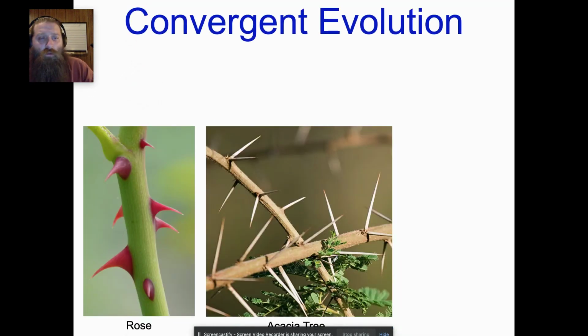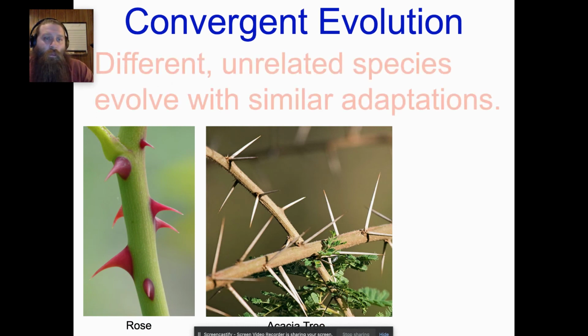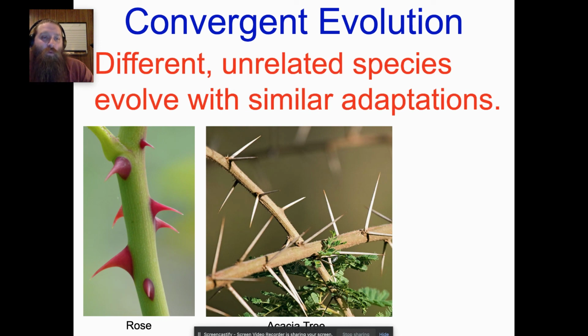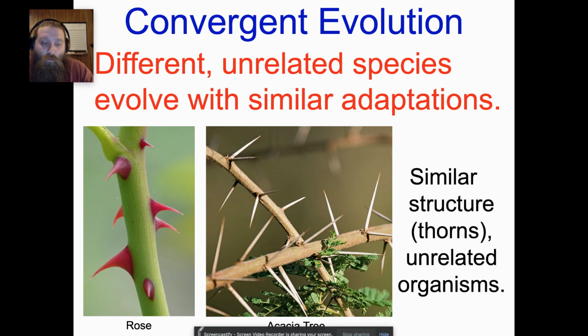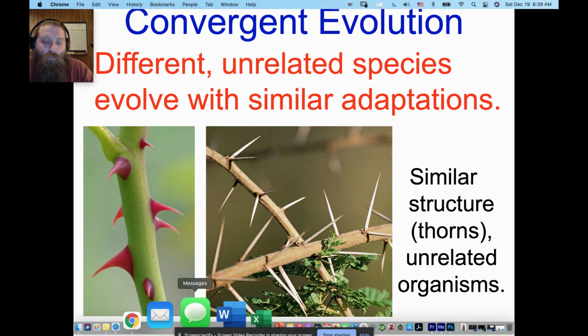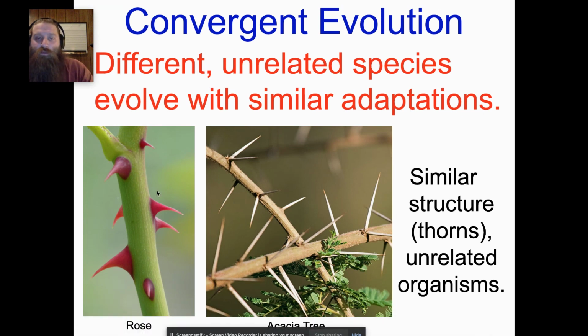Now, don't get divergent and convergent evolution mixed up. Convergent evolution is when different unrelated species evolve similar adaptations. A great example of that is the thorn. So why do plants have thorns? Is it because they're all closely related? Well, not actually, that's not necessarily true. A thorn is a really effective way to keep a herbivore from eating you, right?